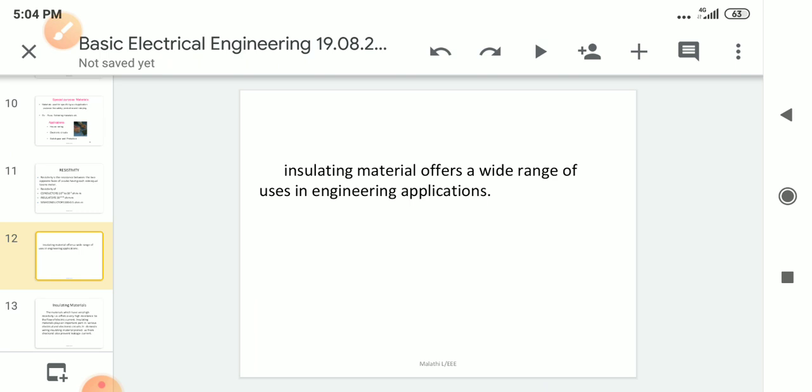In our engineering appliances, insulating material offers a very wide range of uses. Without an insulating material, there is a very high level of risk. It is very dangerous to use a conducting material.